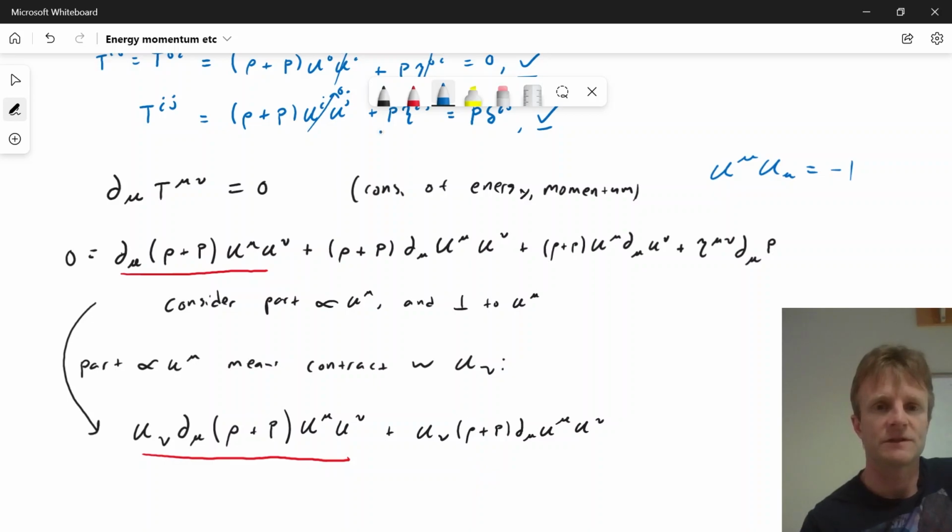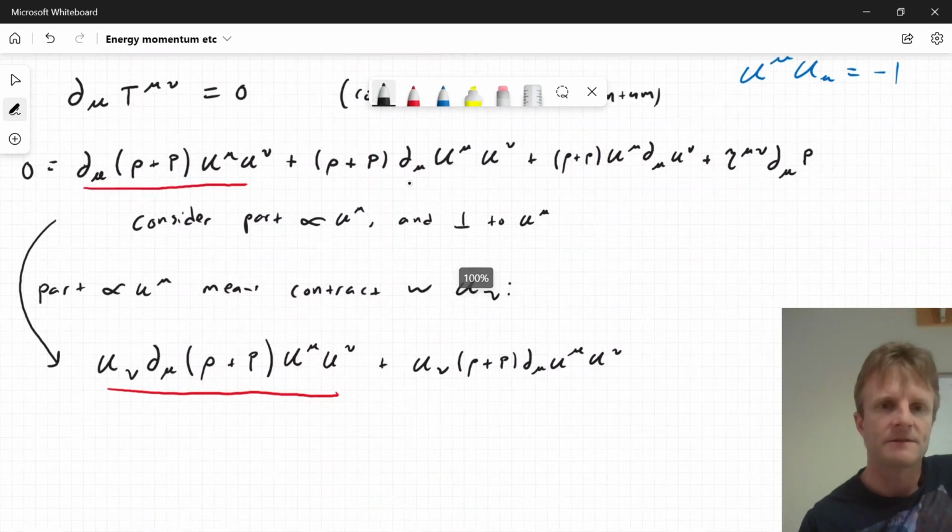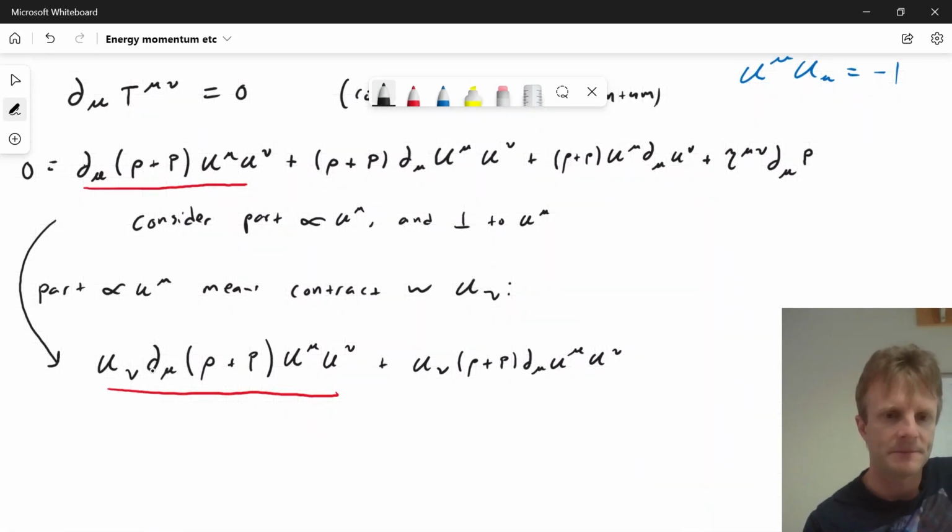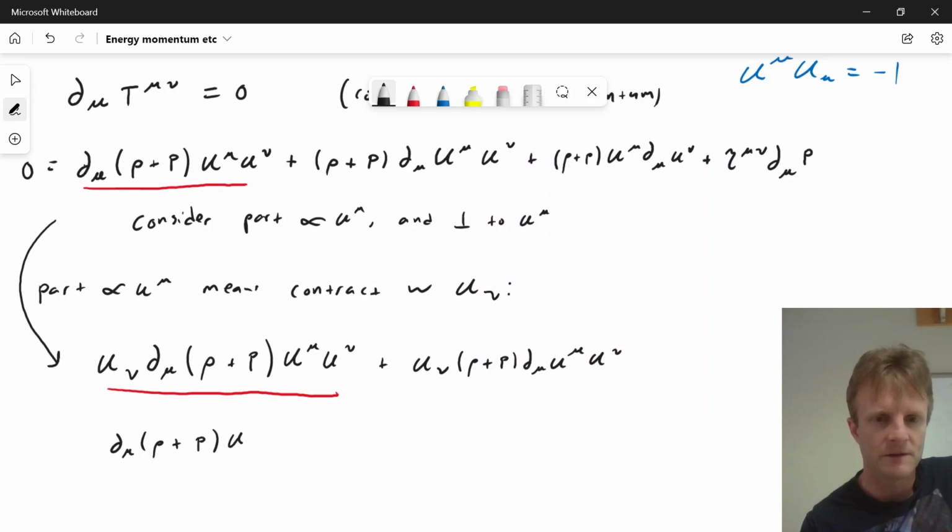That's the definition. Or one definition. And so this term, the u nu and the u nu go away. This just becomes del mu rho plus p u mu. And actually the same thing happens to this term.